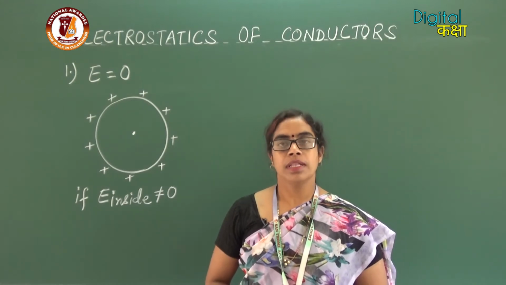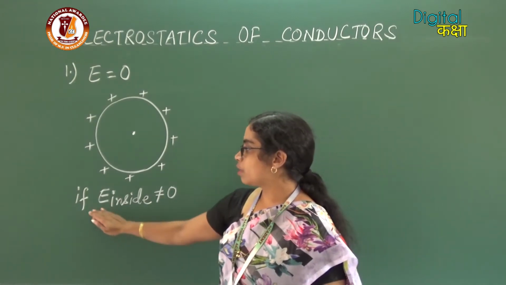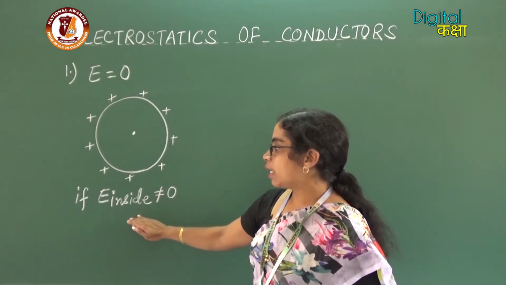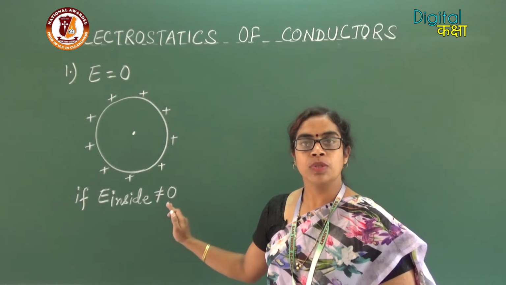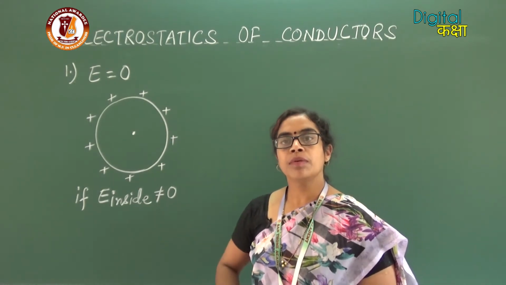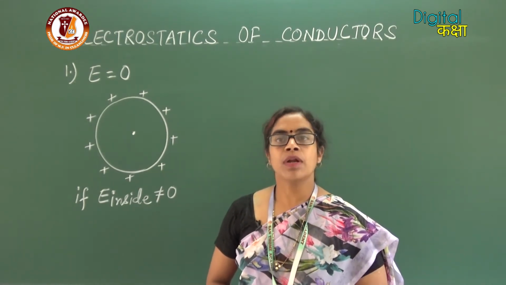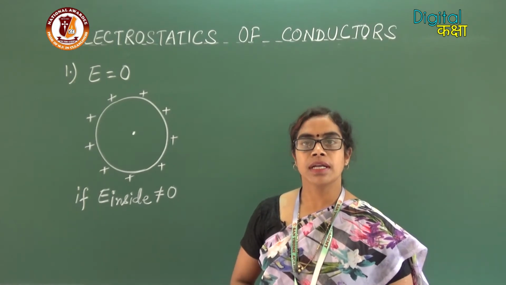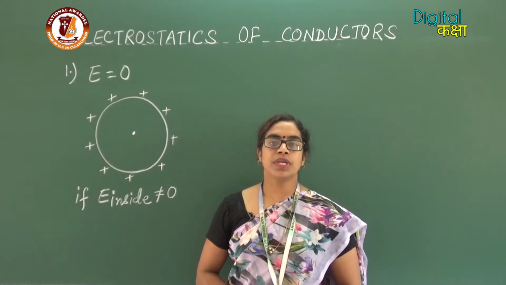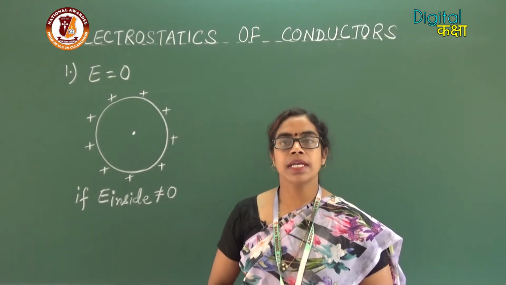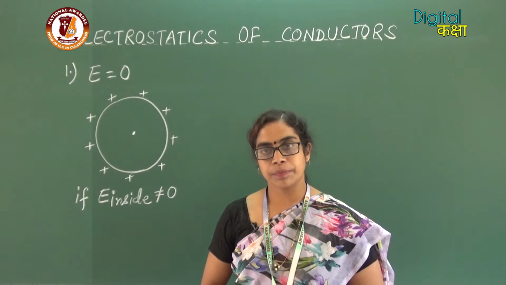That is why the supposition that the electric field inside the conductor is non-zero is proved to be wrong, and on this basis we can understand that there is no electric field present inside a charged conductor.